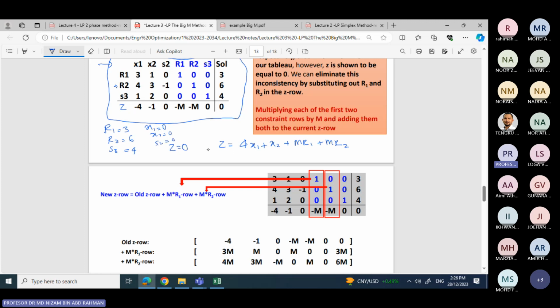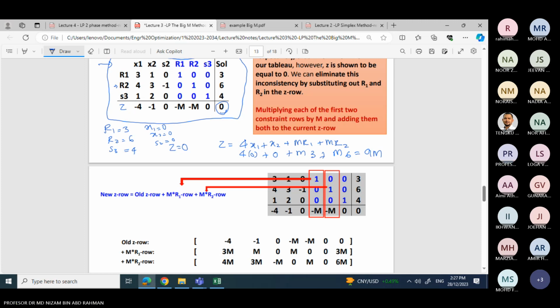So if I substitute values to calculate Z, what I get is 4 times 0 plus 0 plus M times R1, which equals 3, plus M times R2, which equals 6. So this is 9M, right? But the value of Z here is 0.